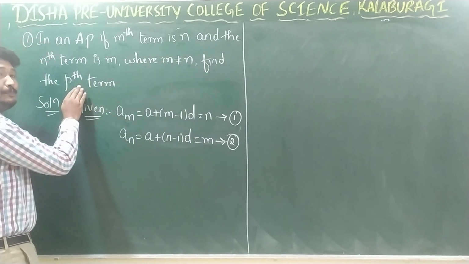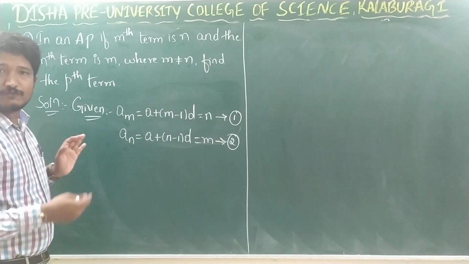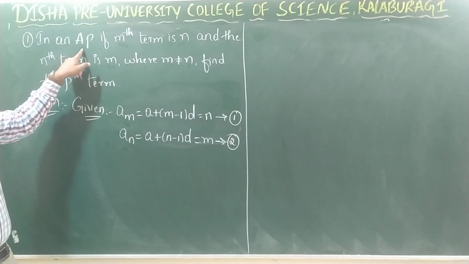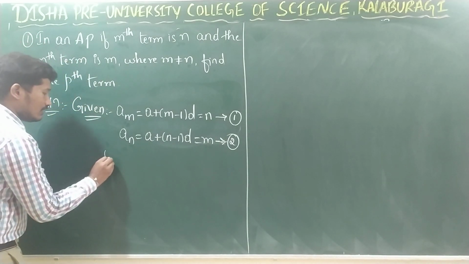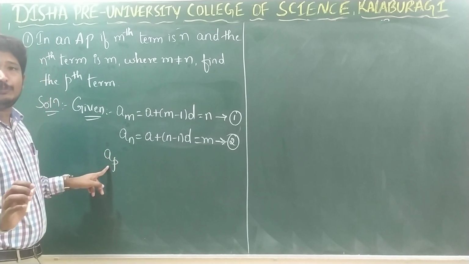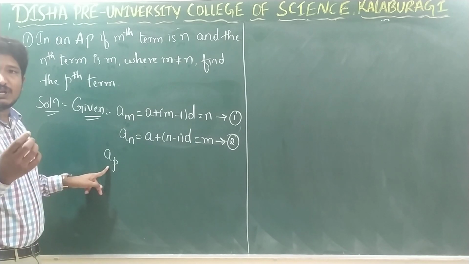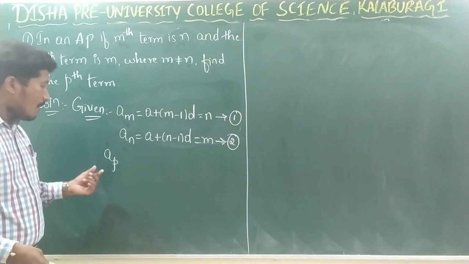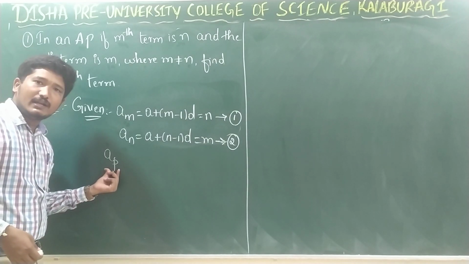find the pth term. What we have to find here? We have to find the pth term of the arithmetic progression. Pth term in the sense what? We have to find the value of ap. What is the nth term formula? A plus n minus 1 into d. In place of n, what we are writing here?